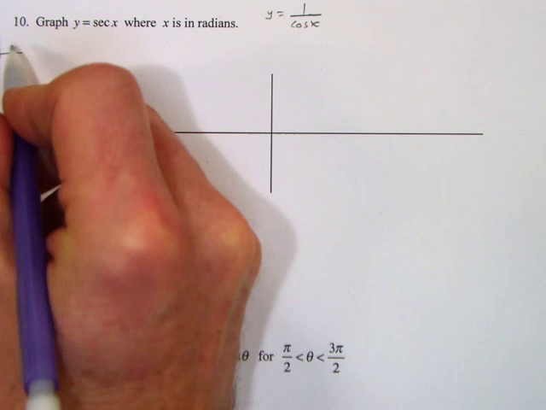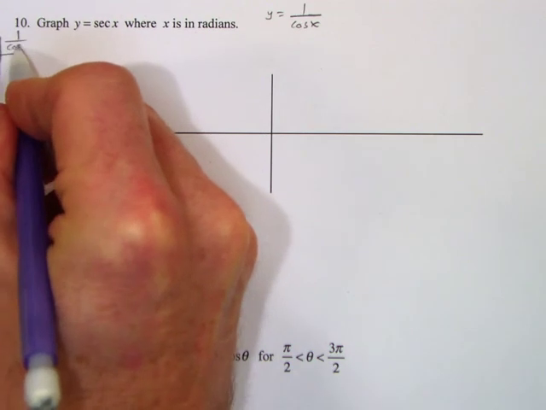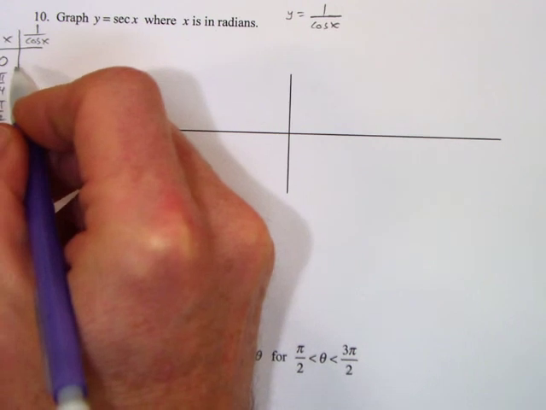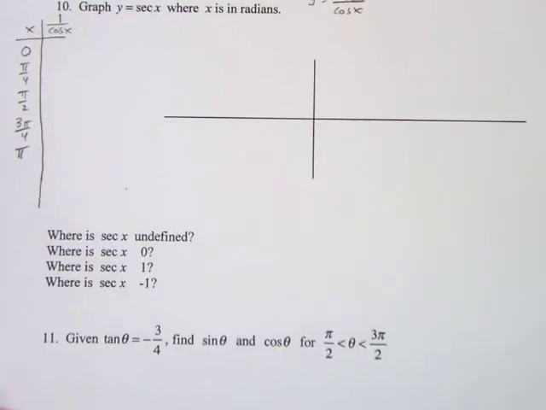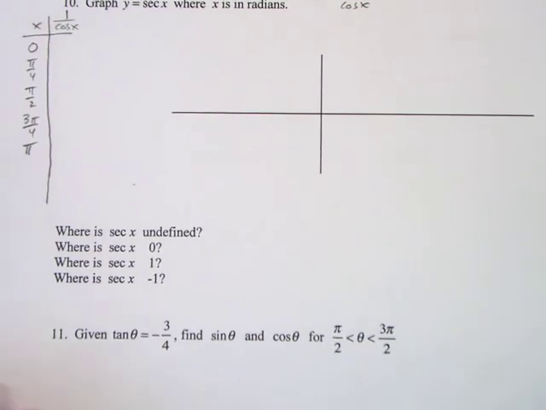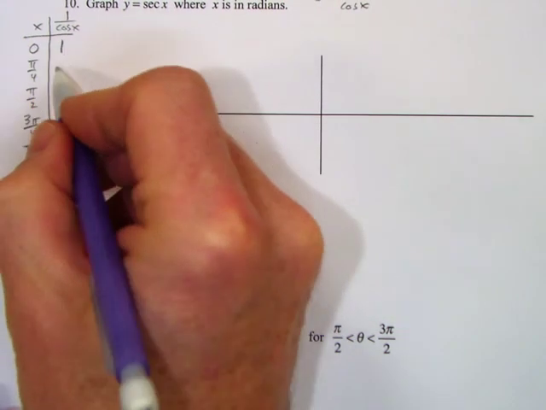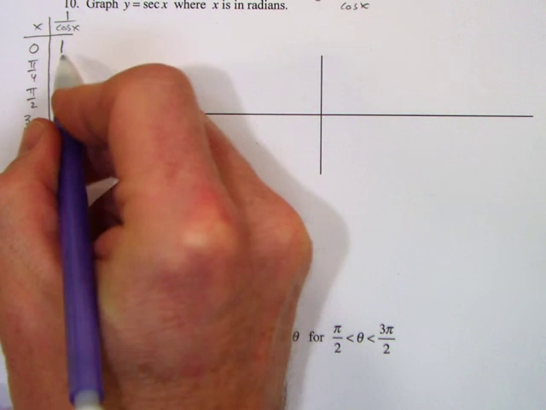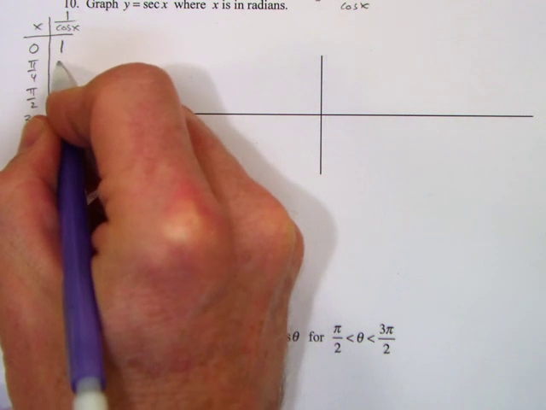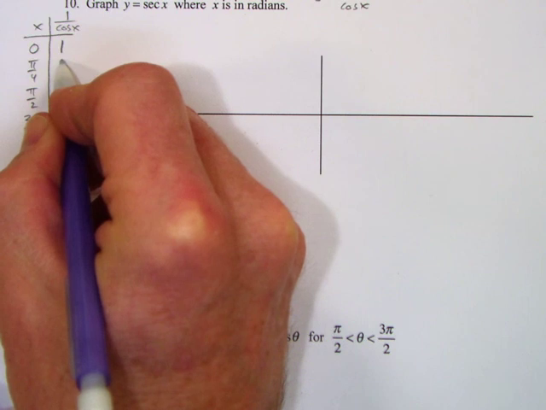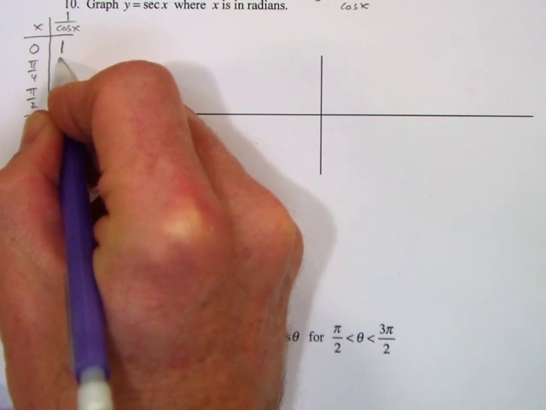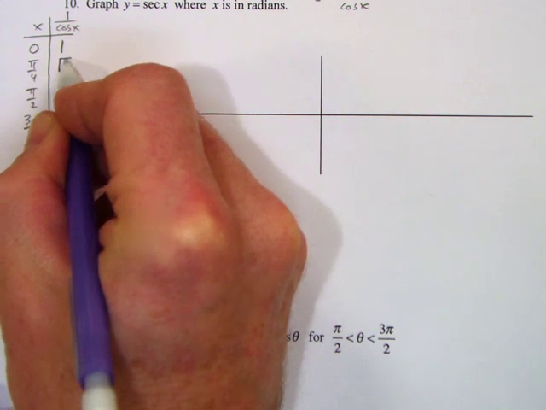So we have 1 over cosine of x. 1 over cosine of 0 would be 1 over 1, and 1 over 1 would be 1. 1 over square root of 2 over 2 would be 2 over root 2, which will reduce to the square root of 2.